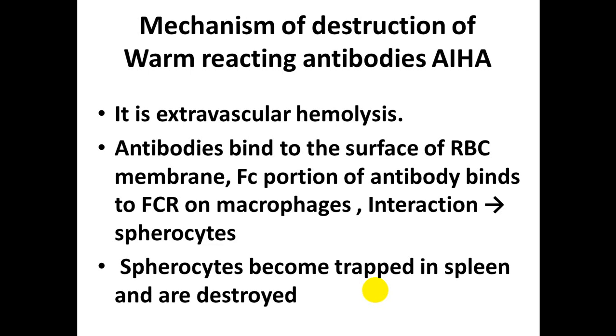In the macrophage, red blood cells will be destroyed and they will become spherocytes, small in size because some part of the membrane is removed by the macrophage. The spherocytes become trapped in the spleen and are destroyed there, leading to hemolysis.